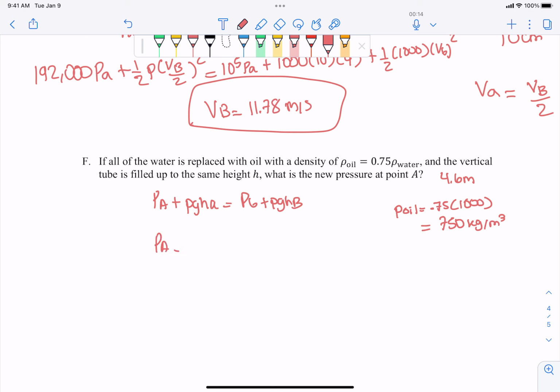So I have PA is equal to PB, which is the 10 to the 5th pascals, which is the atmospheric pressure, plus the 750 kilograms per meter cubed, which is the density of the oil, times 10 meters per second squared, times the height, which is 4.6 meters. And that'll give me the pressure at A with this oil, right? So yeah, that should give us the pressure at point A, given this new density with the same height, that is.